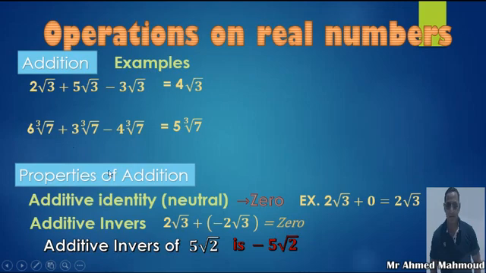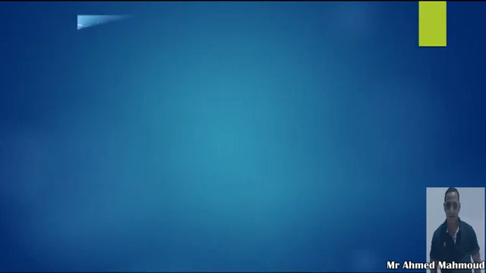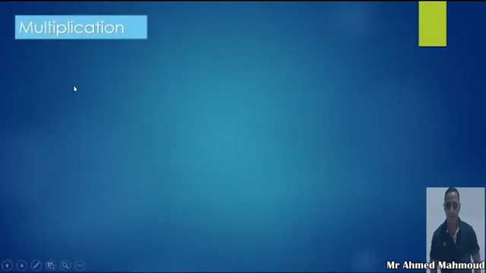Okay, next we are going to study the multiplication and its properties. In the multiplication, for example, if we have 2 root 3 times 5 root 7. Here we multiply two real numbers. Okay, what am I going to do?